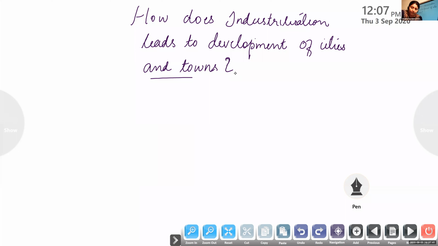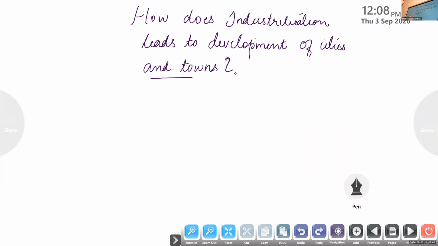Then what points have we discussed today? This activity: how does industry lead to the development of cities and towns? Do it as homework. We have discussed some points, right? Relate with that and find out more points. How does industrialization, or development of industries, lead to urbanization?